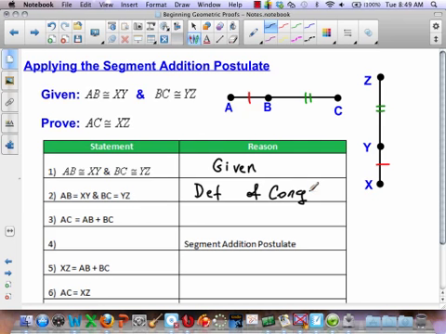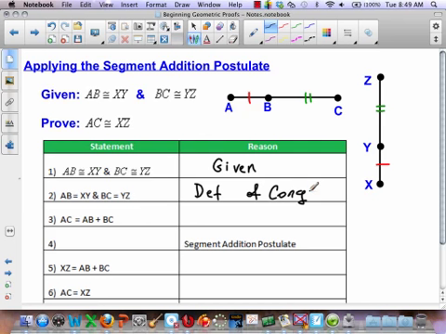All right, take a look at number 3. Look at the statement. What's happening? AC is equal to AB plus BC. What's that telling us? Is it related to line 2? Okay, so not every line is going to be related to the line above it.